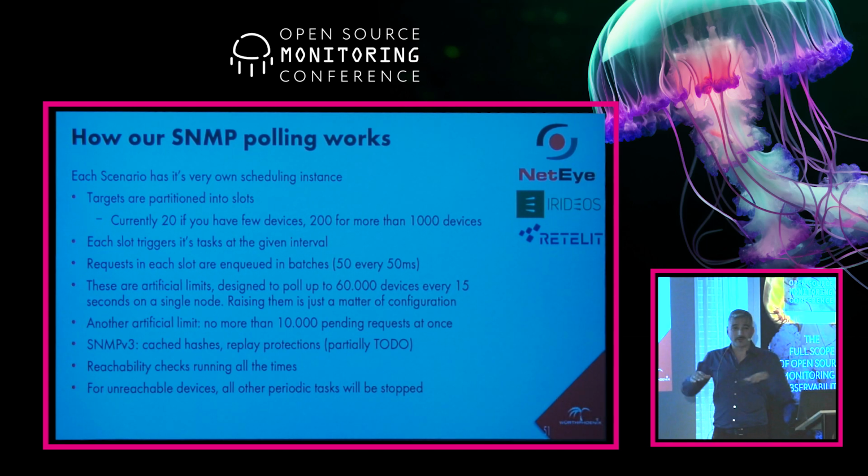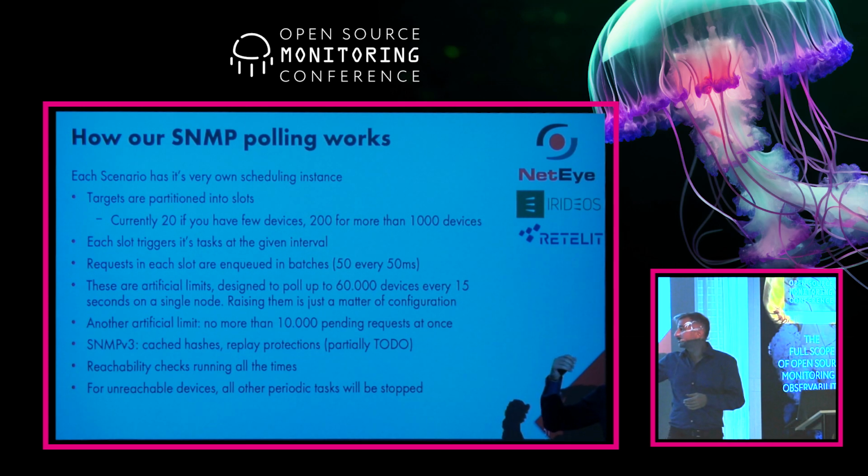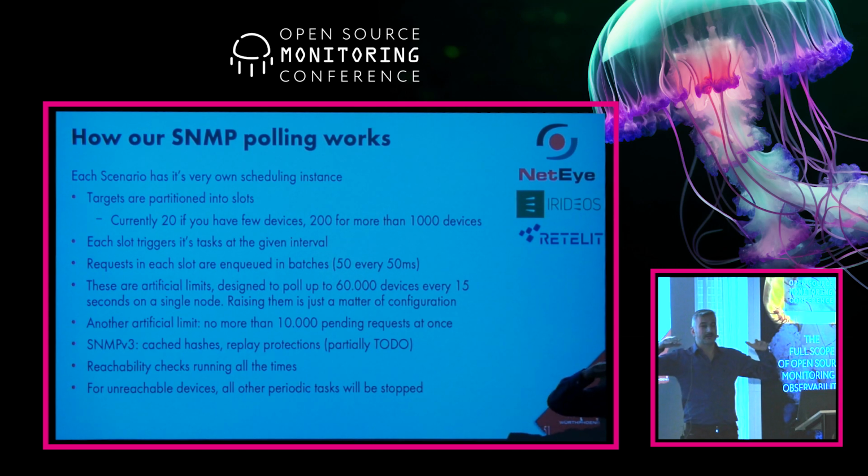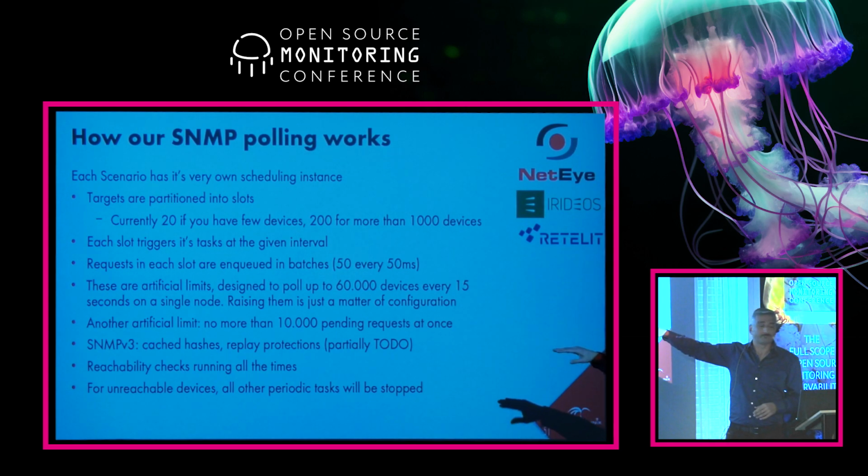So there are some artificial limits. In total, it doesn't allow more than 10,000 pending requests for all devices in parallel, but just because I defined it so, we can go way higher. And this is only on one node, or on one instance; you can run multiple instances per node.